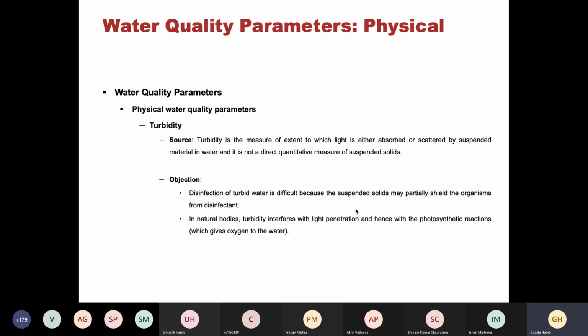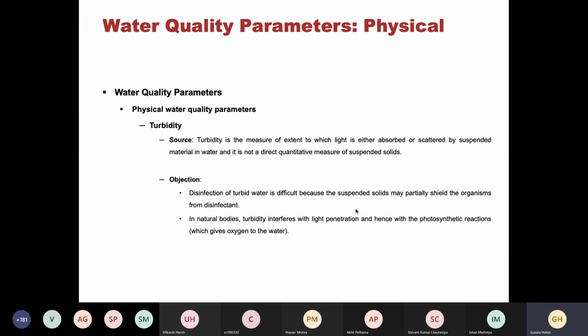And turbidity is one of the problems, even though the suspended solids are absent in the water. If water is even a little turbid, it is not advisable to drink the water, or a person will not like to drink the water with even a little turbidity.